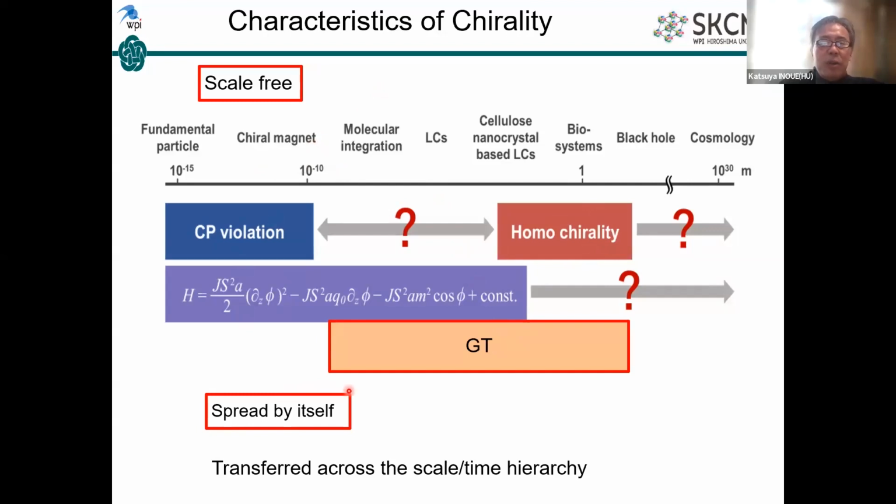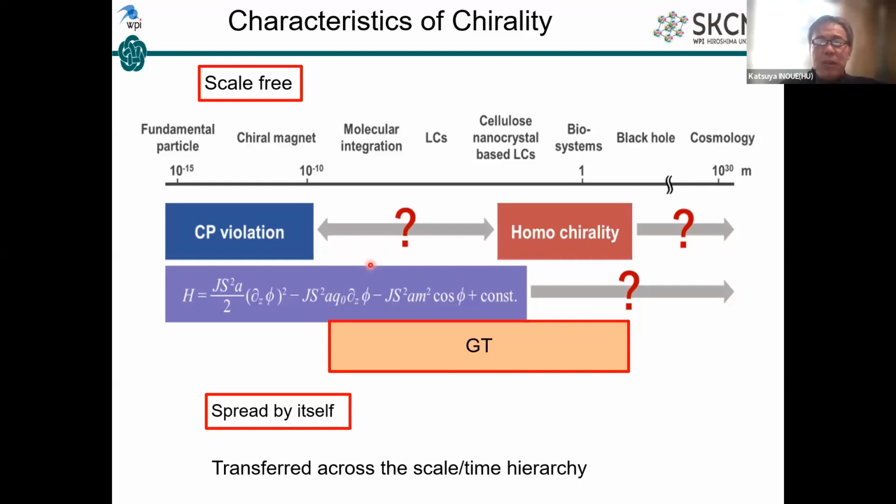Our chiral magnet already showed that chirality can spread by itself, from crystal chirality to spin chirality, and we can expect this spread to go to bigger or smaller scales.